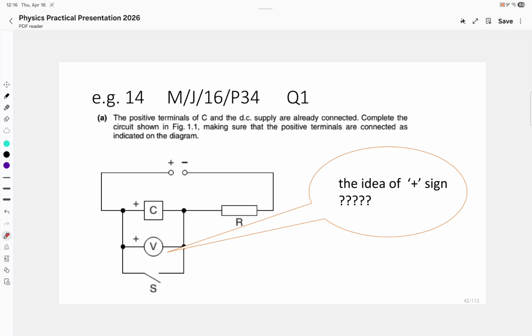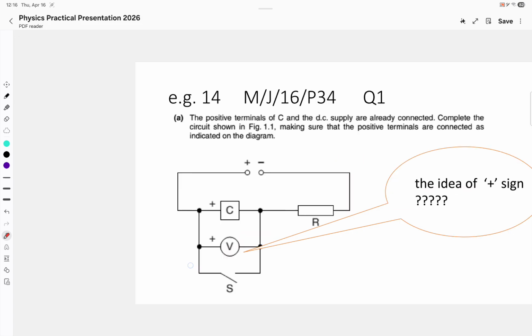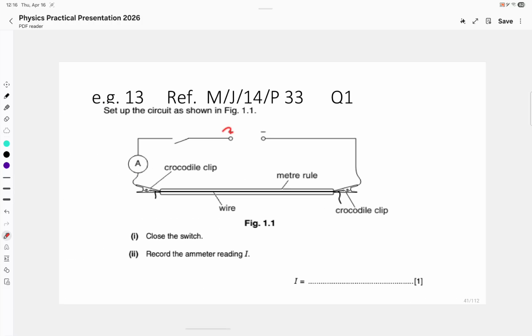So always remember, when they mention the polarity of a voltmeter, the idea of the positive sign stands for what? This is one of the circuit diagrams, positive terminal, negative terminal, but in the rest of the circuit no polarity is mentioned, because there is one component, there is another component, there is another terminal, right?